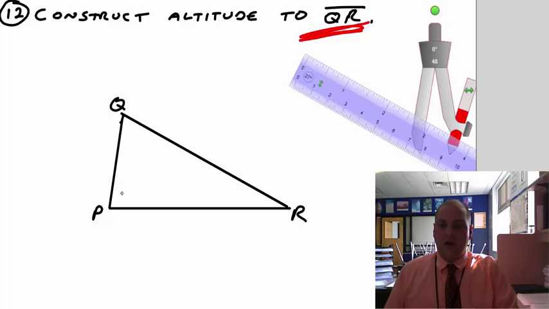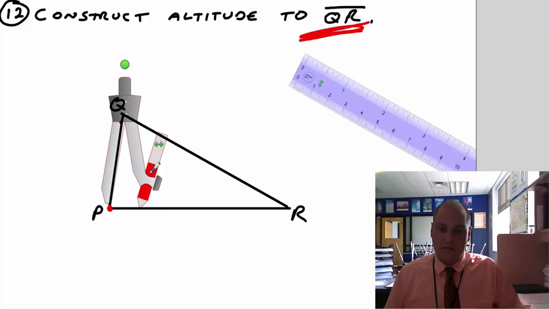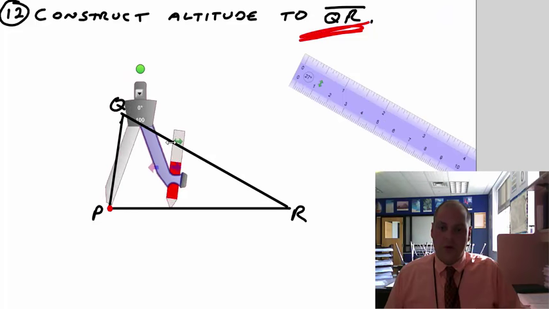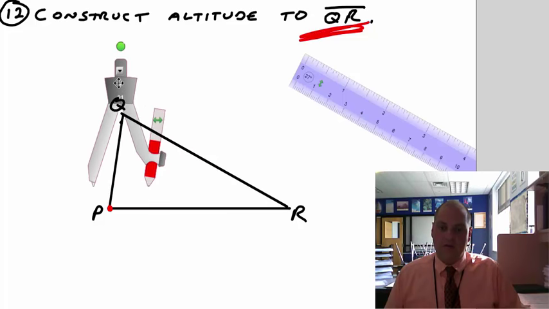See my little cursor? Our line should go right through here, but it's got to be perpendicular through P. So we're going to start with point P, and we're going to make our arc. Open up our compass here. We're going to make sure we hit the line twice.